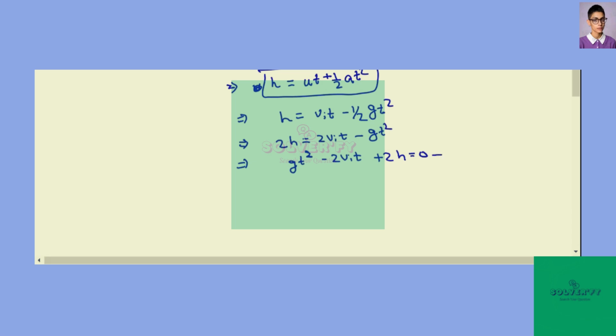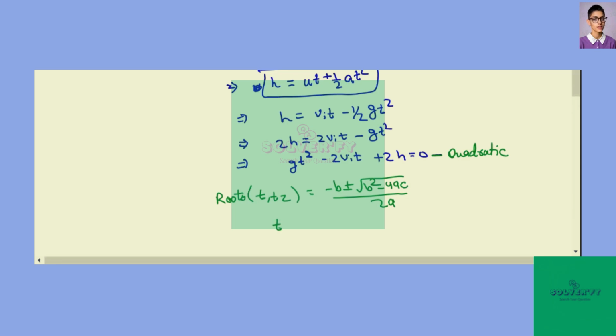So this is a quadratic equation. Since this is a quadratic equation, the roots t1, t2 will be minus b plus minus root of b square minus 4ac, by 2a. So this is the formula.